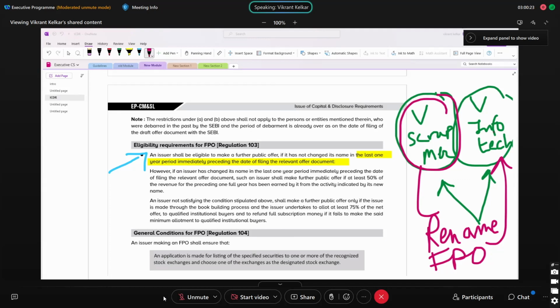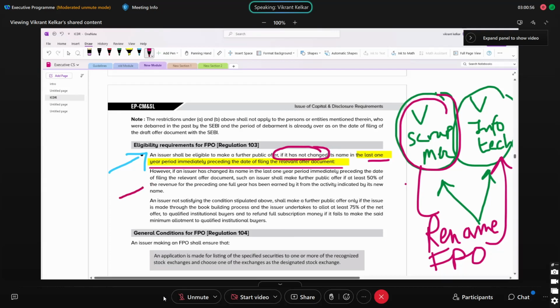So my intention might be to dupe the investor or not. Sanjay, do you understand? And if I'm changing the name to trap the public, what does the rule say? The issuer shall be eligible if it has not changed its name for at least 1 year immediately preceding the date of filing the offer document. So if I changed it now and bring the FPO next month, it is not allowed. The time gap is necessary.